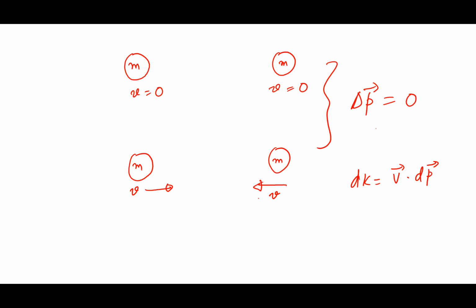And we know that P is equal to mv. This is the impetus. P is equal to mv. Or we can write V as P over m. So I can plug this back in here. So I would get dk as P over m dotted with dP. Right?